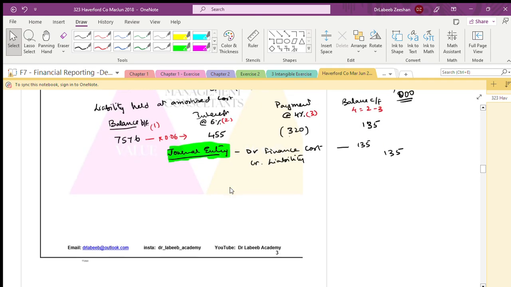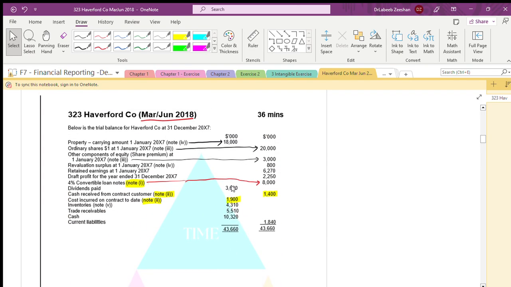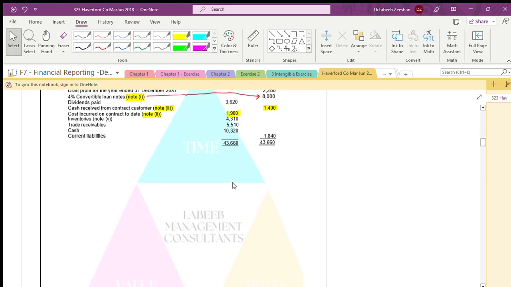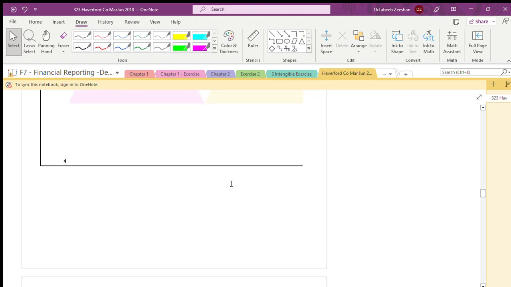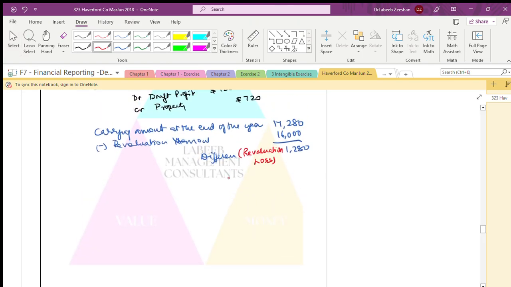how much is the revaluation amount they have given in the question? It is given as 800, that is 800,000. Now, how much is the total revaluation loss?